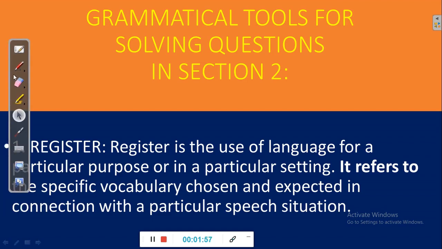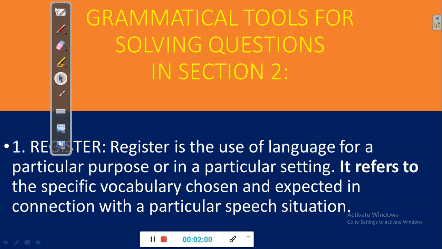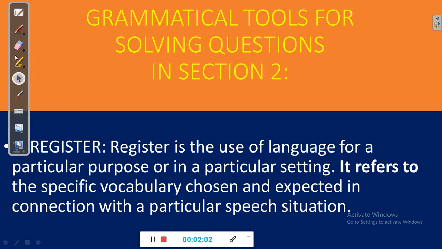The first grammatical principle we shall be looking at is what is called register. Register is the use of language for a particular purpose or in a particular setting. It refers to the specific vocabulary chosen and expected in connection with a particular speech situation.